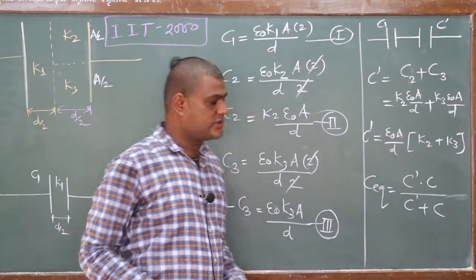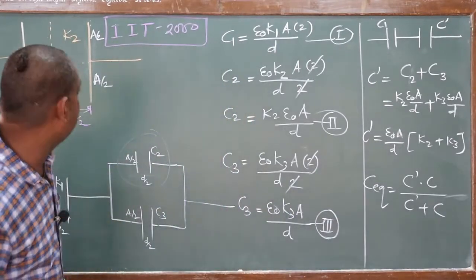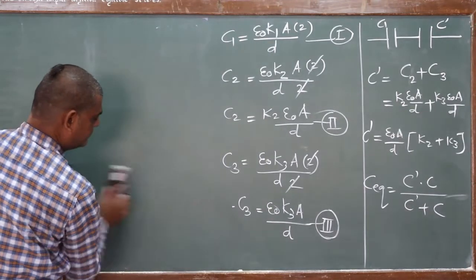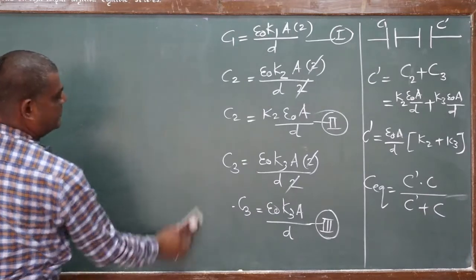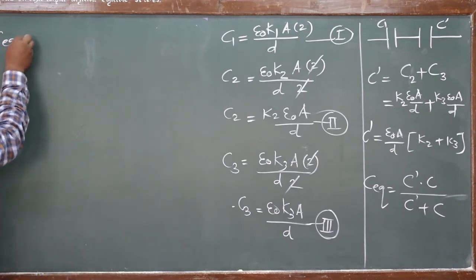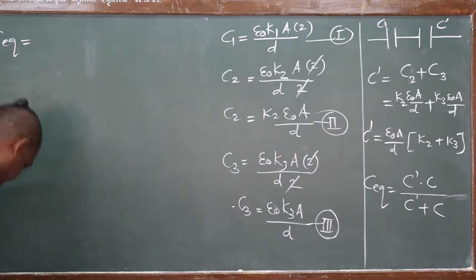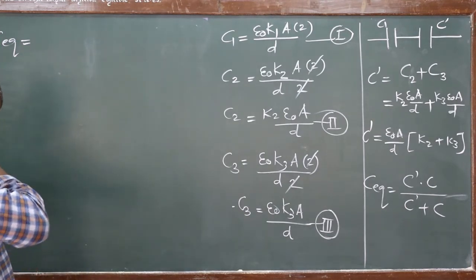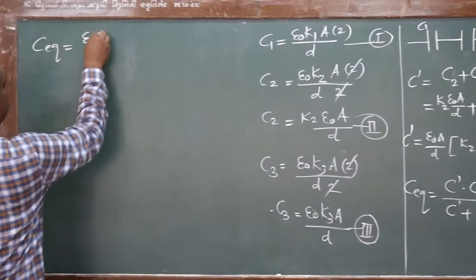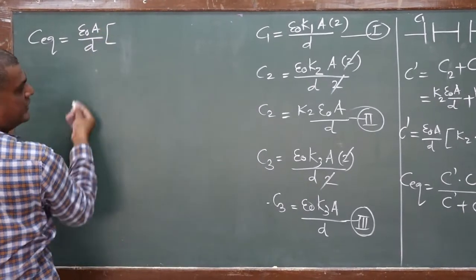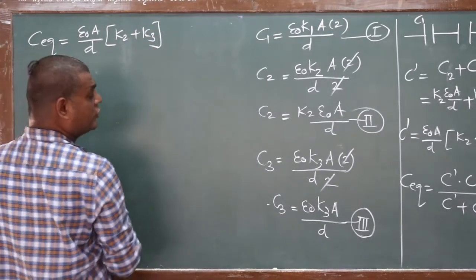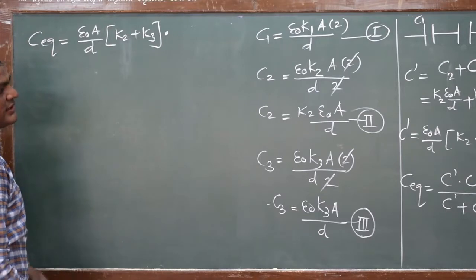So by putting the values, we will get, now I can erase the diagram. See what will we get? C equivalent equal to, all of you just concentrate. What is C dash? C dash equal to, we will put epsilon 0 A by D, right? K2 plus K3 into, what is C?